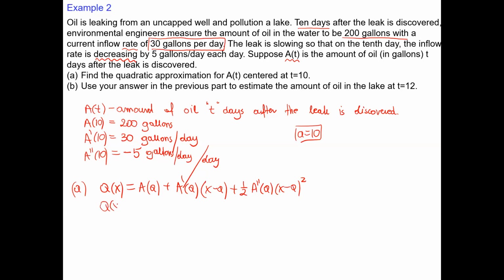Here a will be 10. So the quadratic approximation will be A of 10, plus A prime at 10 times x minus 10, plus 1/2 the second derivative, the rate of change of the rate of change, times that part.